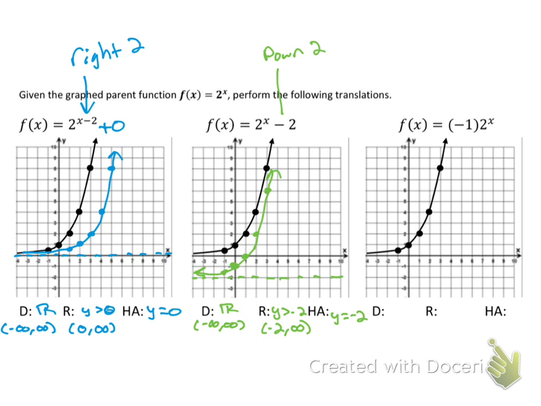Third example here. What would this transformation be? Reflection. A is negative, so it's a reflection over the x-axis. So you literally reflect that.